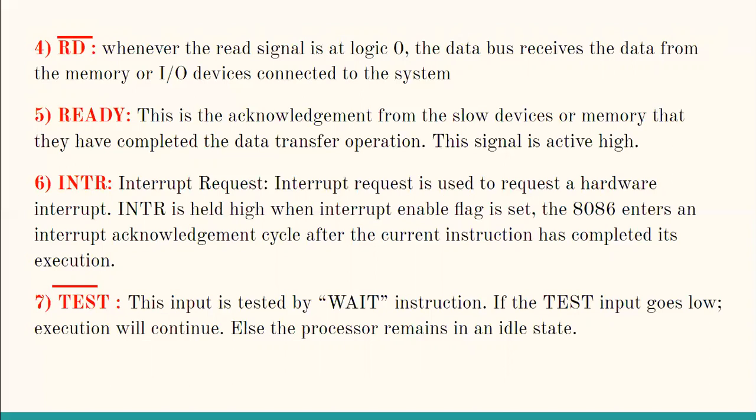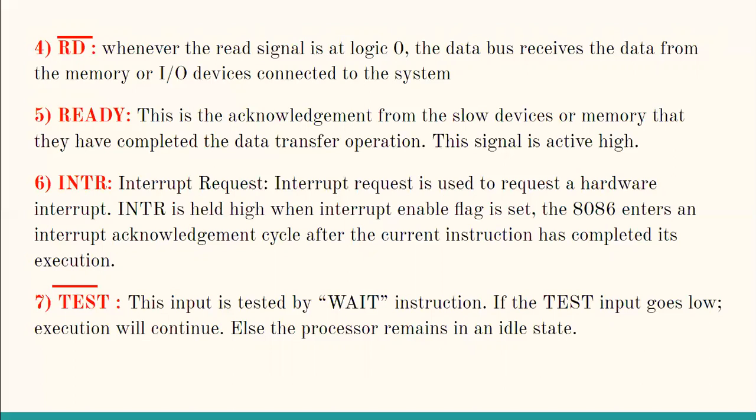Now see, the processing speed of the processor and the peripherals is not the same. So whenever there is a transfer of data between these two, it cannot happen in a serial mode or at the same pace.